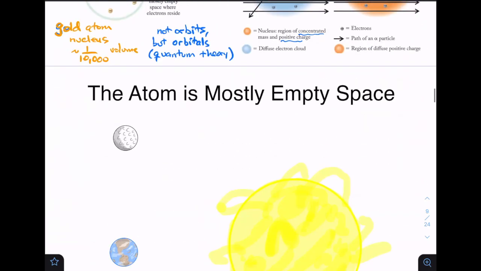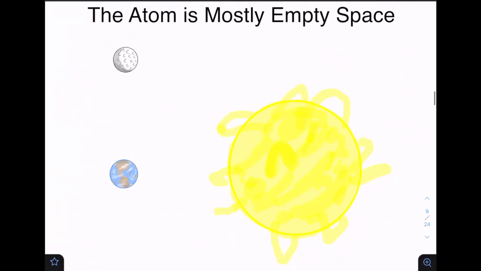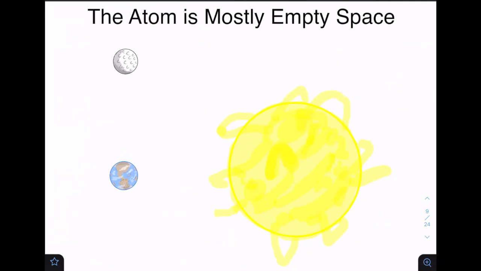All right, so let's look at a little more detail about the relative size. I told you that the gold atom's nucleus was about 1/1000th of the volume. But let's take this to another level to see if I can really impress upon you what this relative distance is. So let's say that the nucleus was a golf ball. Here's my artistic rendition of a golf ball. And let's say there's an electron out here, which belongs to that nucleus in some atom.